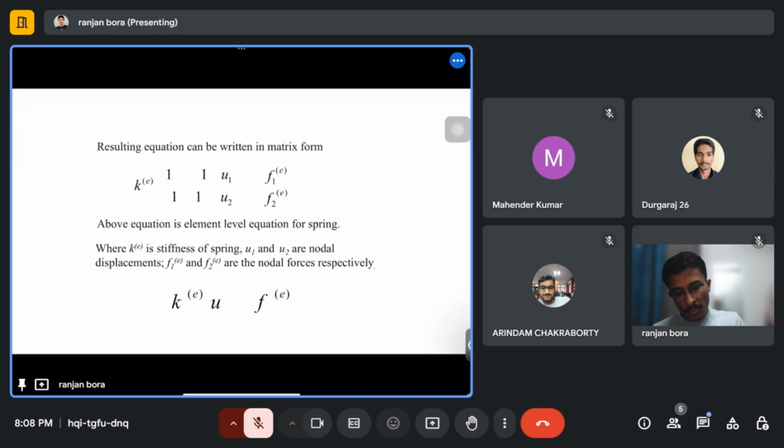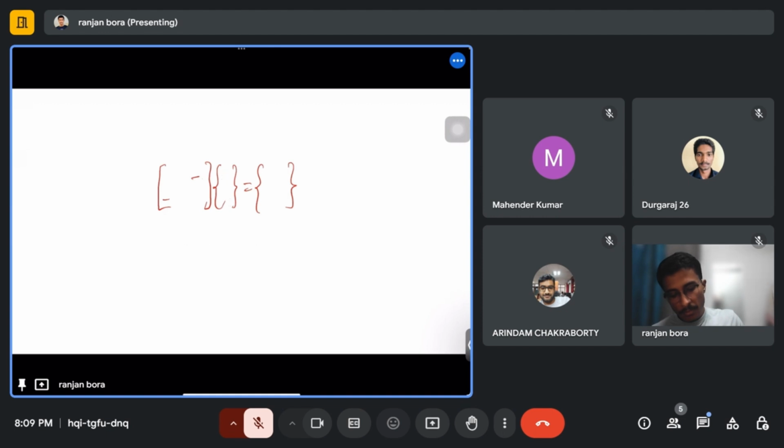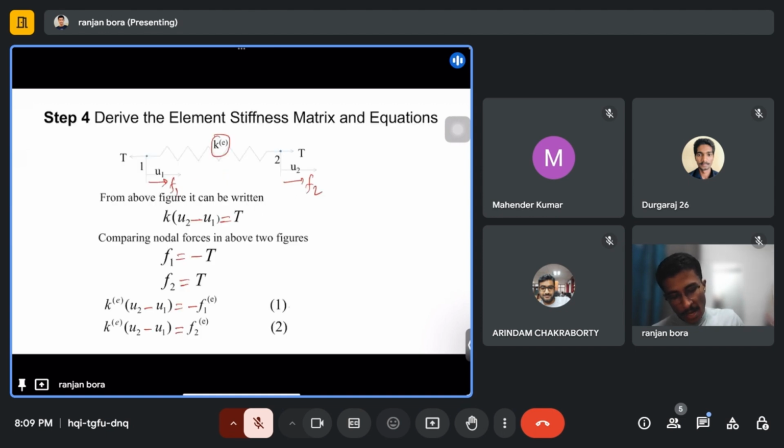The resulting equation can be written in matrix form like this. This matrix form is coming from these two equations 1 and 2.